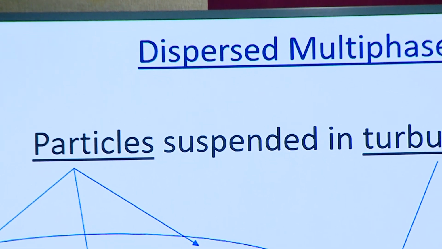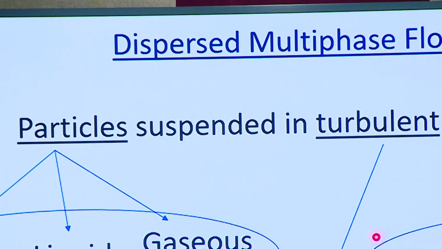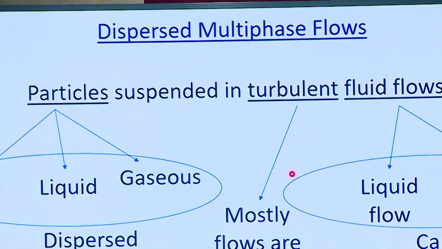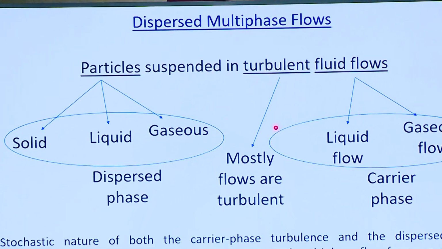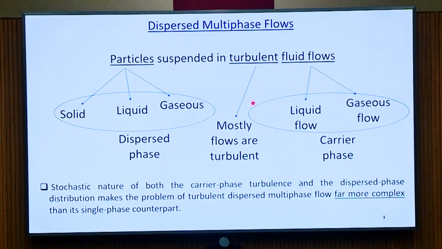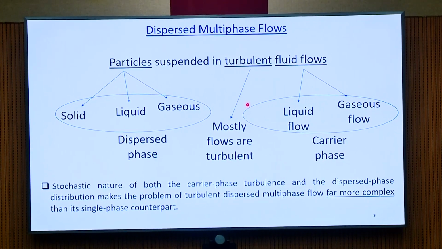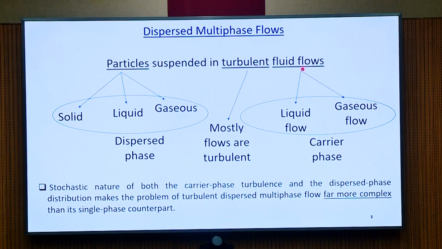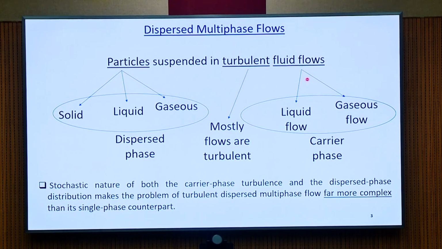So there we have gaseous particles in liquid flow. On the other hand, if you see a spray, there we have liquid particles in a gaseous flow. Or flow of slurry, where we have solid particles in liquid flow. So the fluid flow basically refers to the carrier phase that carries the particles, which can be either liquid or gaseous flows.